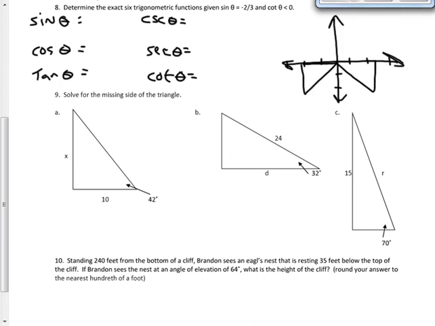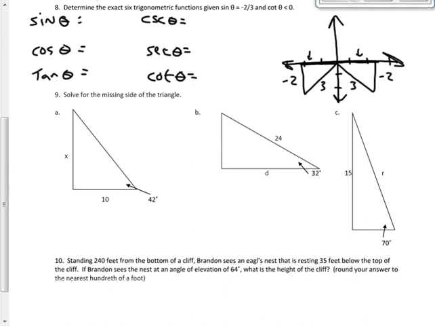I'll try to draw this a little bit more, so maybe it makes a little bit more sense in the coordinate plane here. It's one of these two triangles, because my y value is going to be a negative 2, and my hypotenuse is going to be a 3. So I have one of these two triangles is what I'm looking at. The thing is that I need to decide, is this going to be positive on this side, or is it going to be negative?